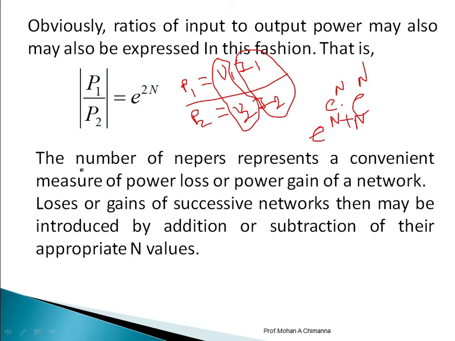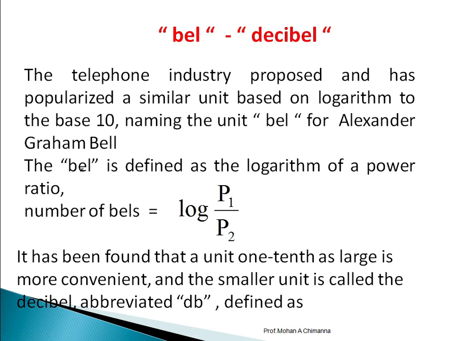So the number of Nepers represents a convenient measure of the power loss or power gain of the network. The loss or gain of successive networks may be introduced by the addition or subtraction of their n values.